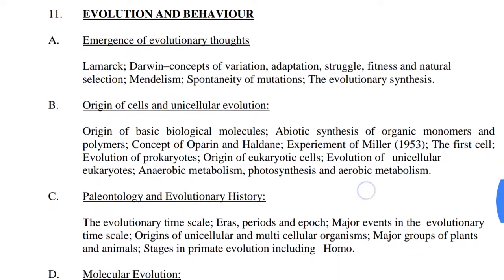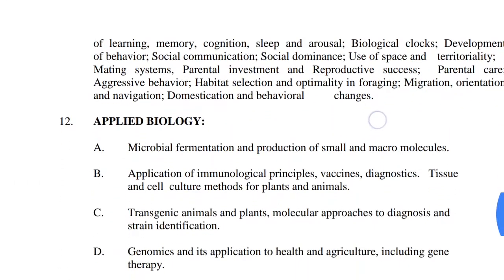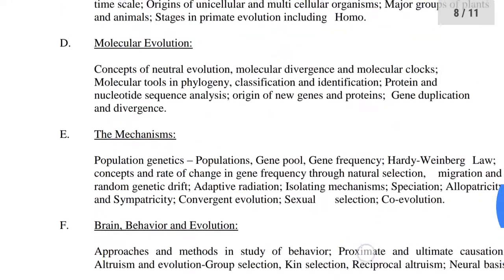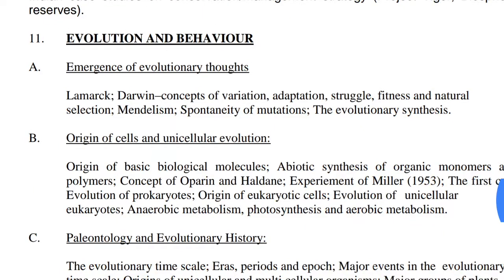It has sections like A, B, C, D, E and F. Okay, these are the sections. The first section is emergence of evolutionary thought.